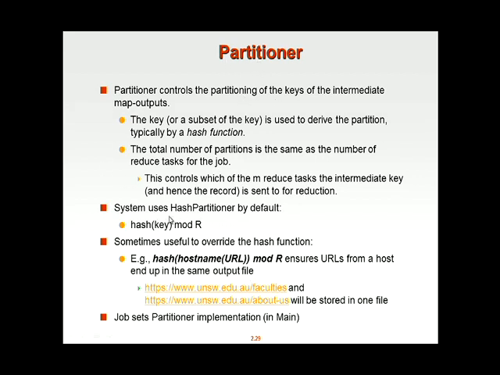By default, the system will compute a hash value for the key, so the whole URL string is the key. Then the hash value mod R gives the partition number. But because the whole URL is used as the key, we are not sure that the two URLs have the same hash value, right?